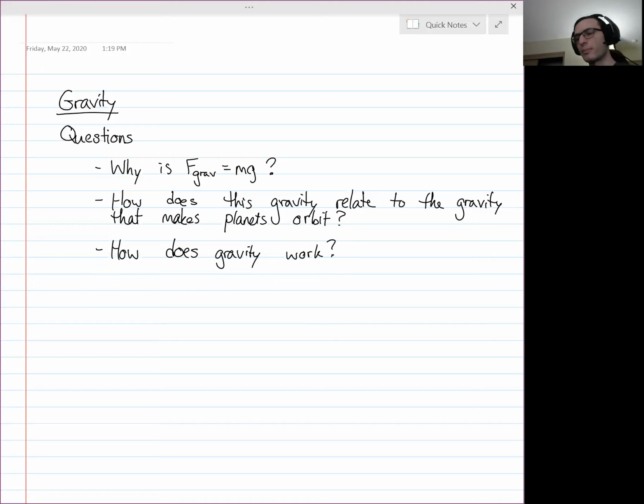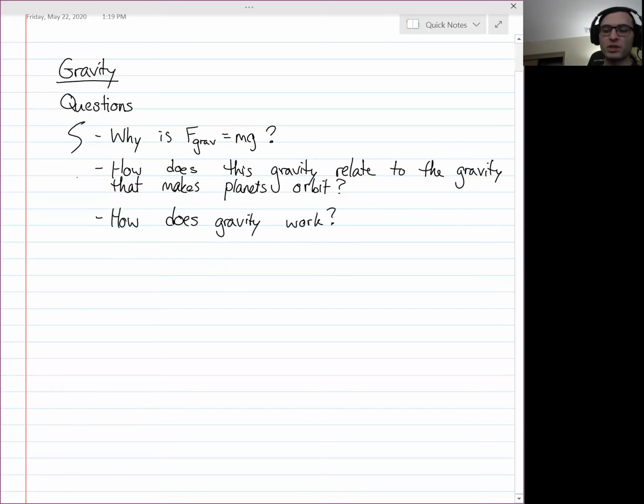Our best understanding is Einstein's general relativity, which you may have seen in these images with a sheet of rubber and stuff sitting on it. That's our best understanding, but it's probably not correct. But we'll definitely understand the first two questions. At least that's the hope. So the way that we're going to answer these two questions is by learning about Newton's law of universal gravitation.